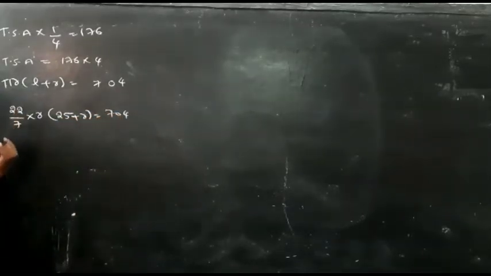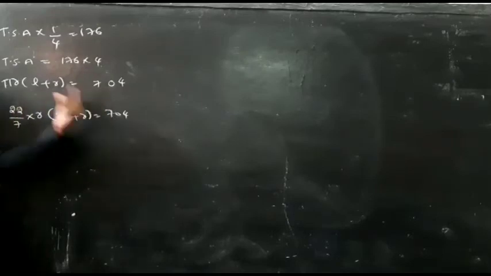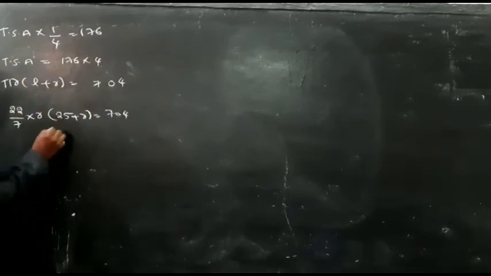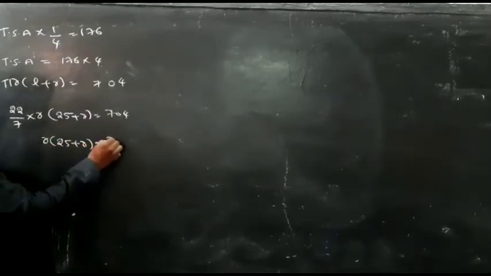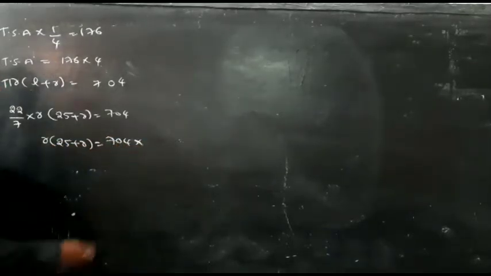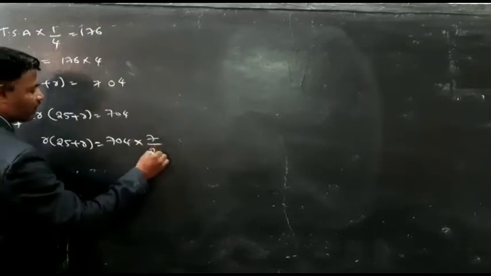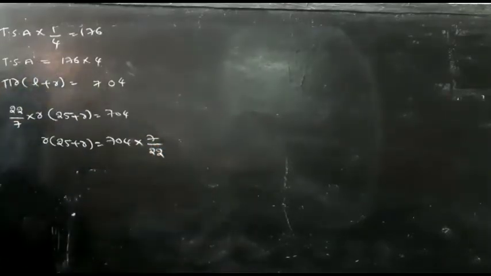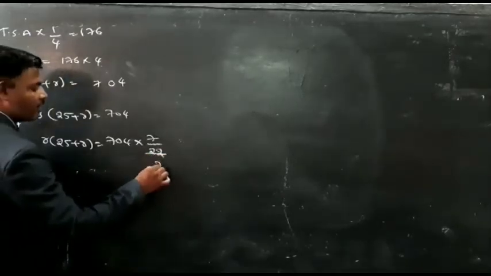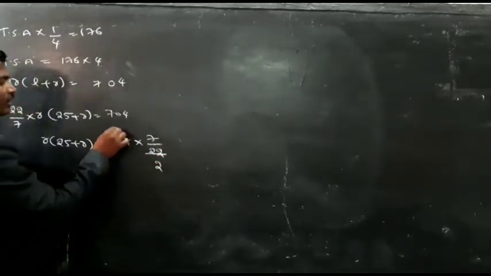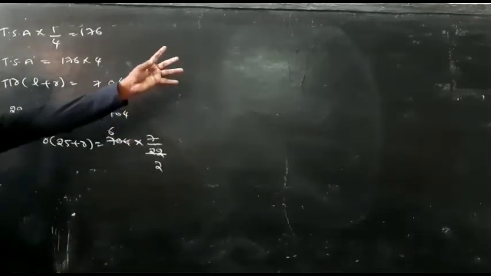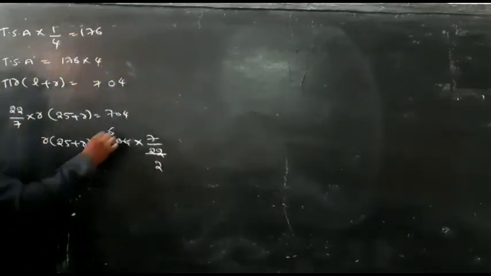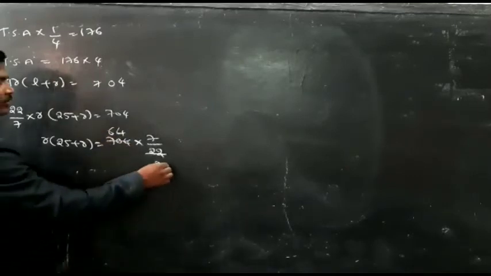Now 22 by 7 I am transposing to the right side of the equation. So r (25 plus r) is equal to 704 into 7 by 22. Now I am using the 11 table. 11 twos are 22, 11 sixes are 66, 67, 68, 69, 70, 4 remaining, 44. 11 fours are 44.